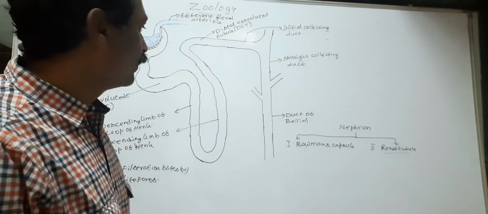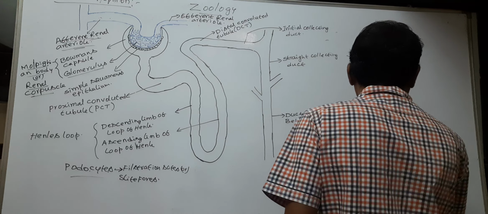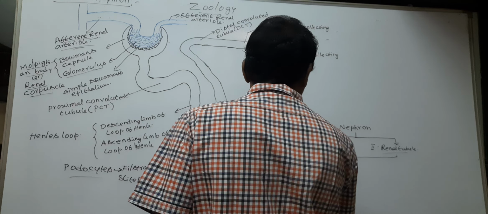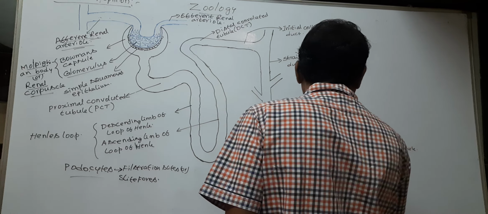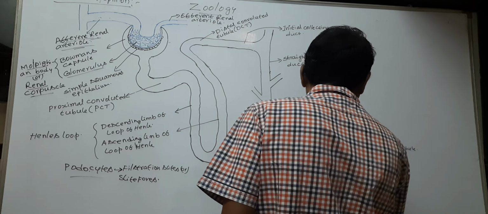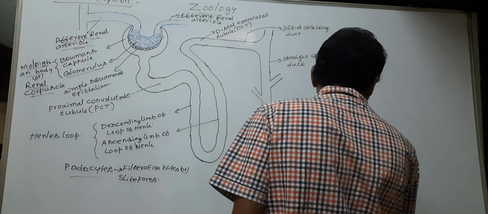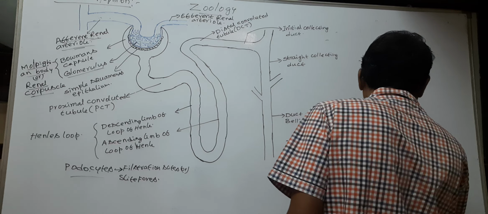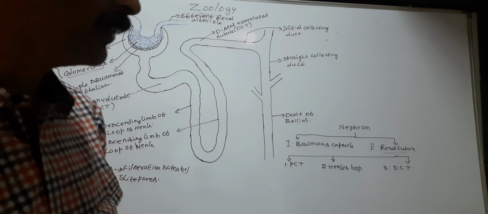The renal tubule has different parts: number 1, PCT, proximal convoluted tubule, Henle's loop, and DCT, distal convoluted tubule.